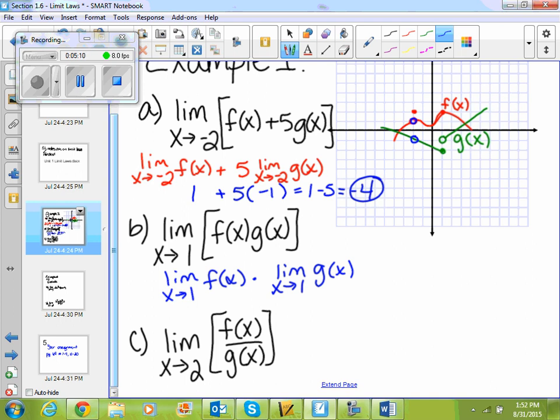If I look at where x is approaching 1 of f of x, I'm up at 2. If I look at where x is approaching 1 of g of x, I'm down at negative 1. And 2 times negative 1 is negative 2.